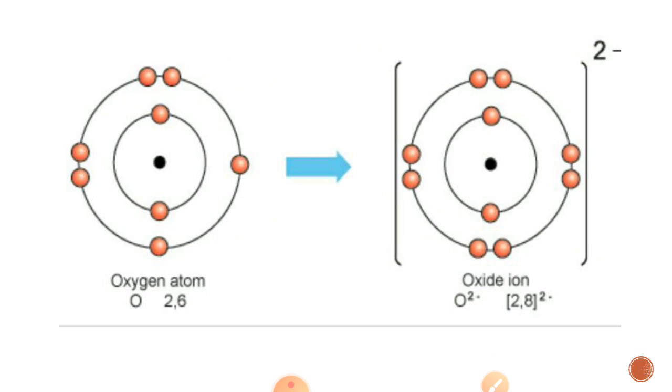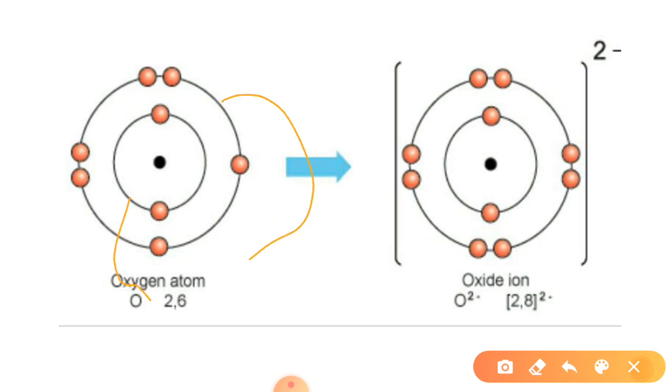Now let's talk about the oxygen atom. If you talk about oxygen, you can see that in the inner orbit there are 2 electrons, whereas in the outer orbit there are 6 electrons. How many electrons does it need to become stable? Yes, it needs 2 electrons to become stable, and stability is related to attaining 8 electrons in the outermost shell. So what can it do?